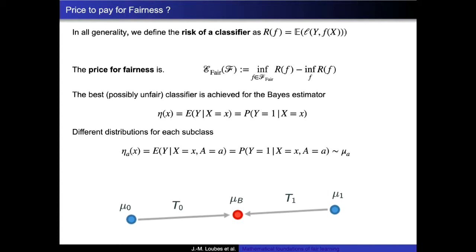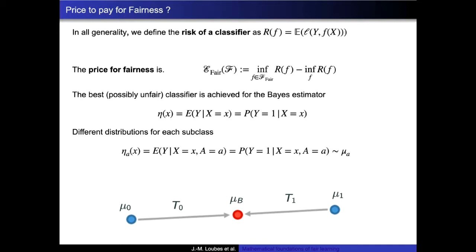So you all know that when I want to minimize, the best estimator is what is called the Bayes estimator, which is the projection of y given x if I am in a regression setup, or the probability of y equal to 1 given x if I am in a two-class classification.